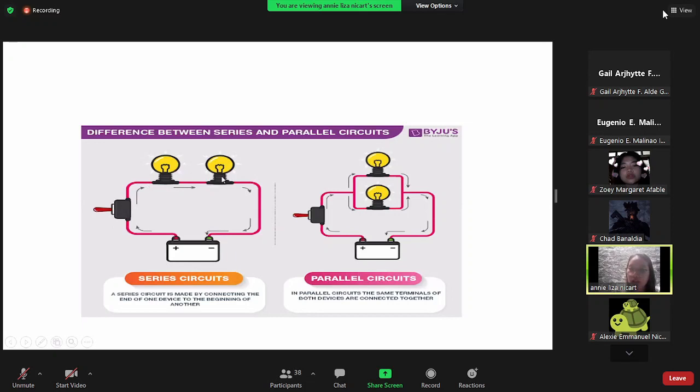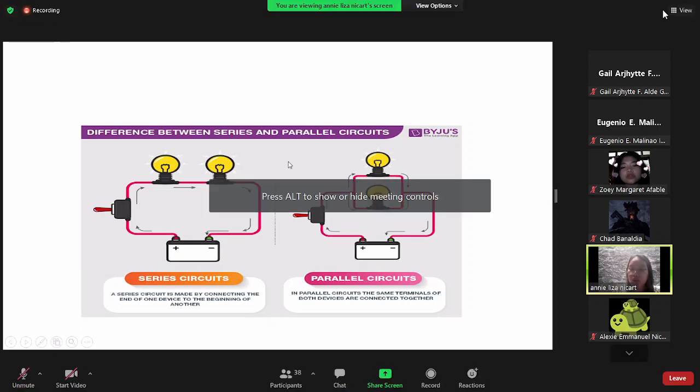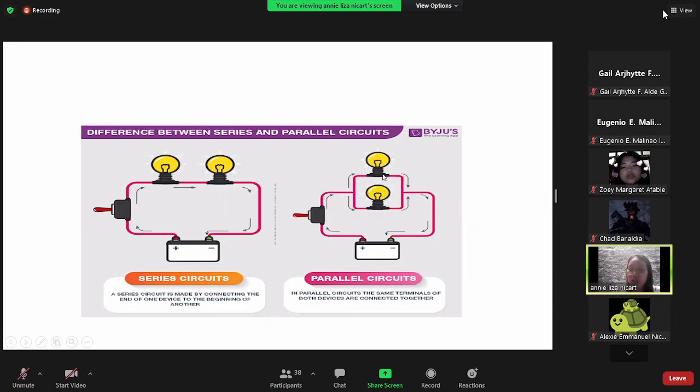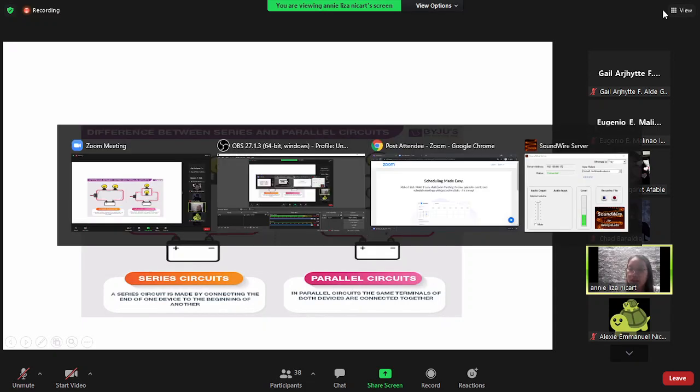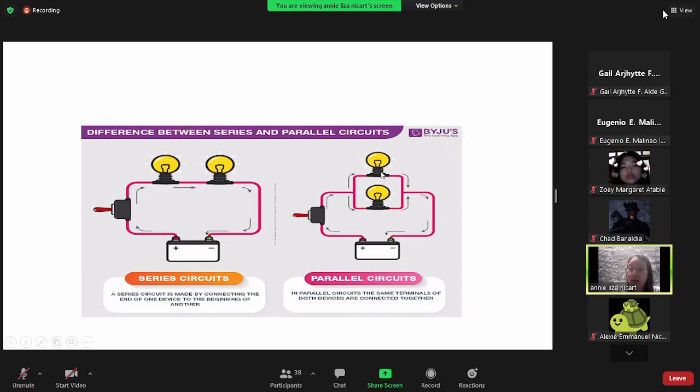Hindi mapupunta sa isang bulb kung hindi dadaan muna sa first bulb, making them dependent from each other. On the other hand, sa parallel, the loads are independent to each other. Walang kinalaman sa isa't isa. They don't care for each other.